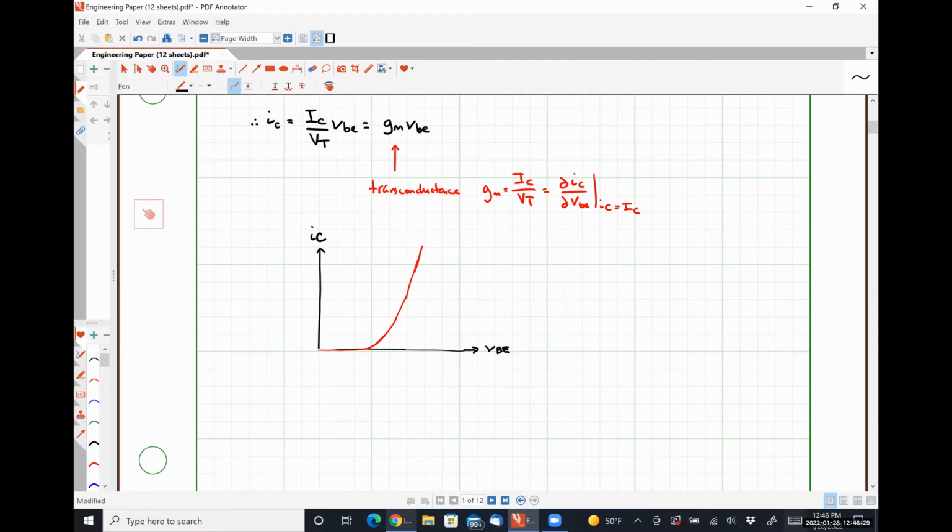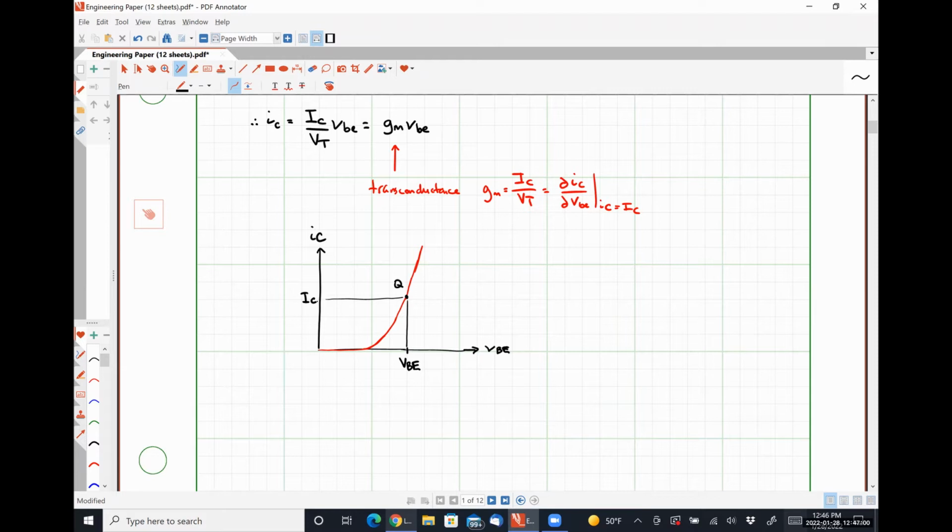Let's arbitrarily call this point right here our bias point. This is our quiescent operating point, or our DC operating point. This quantity is capital VBE. This quantity is capital IC.